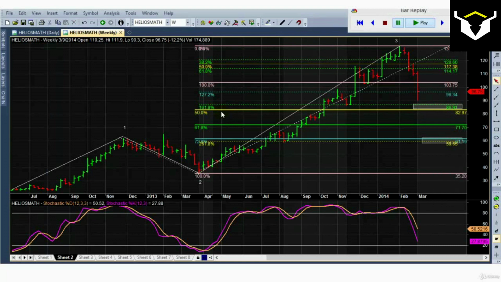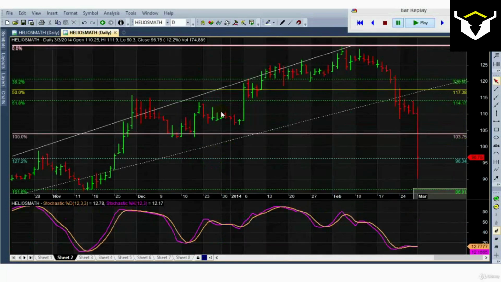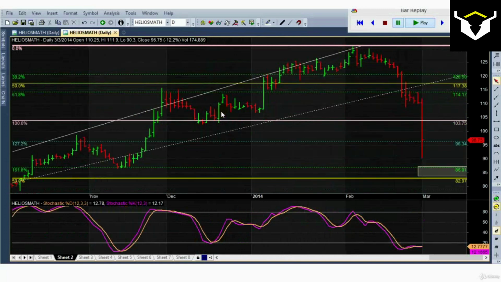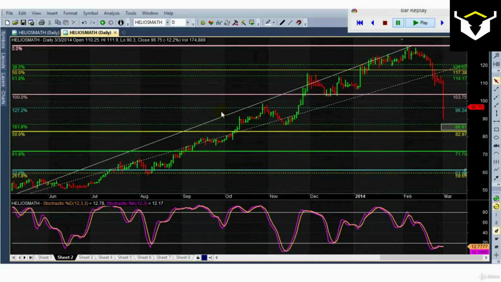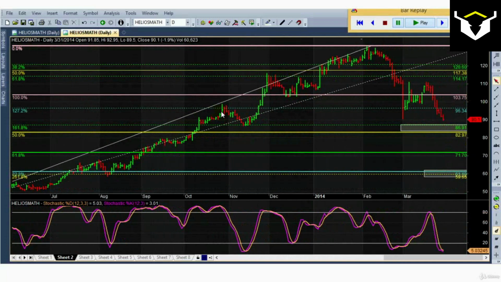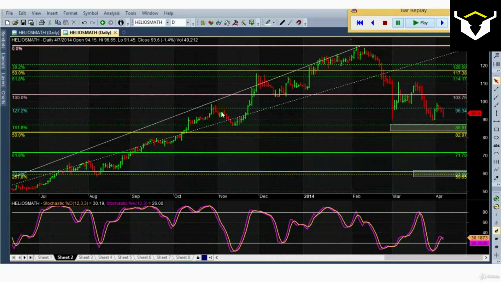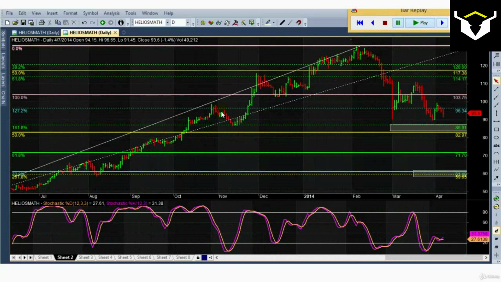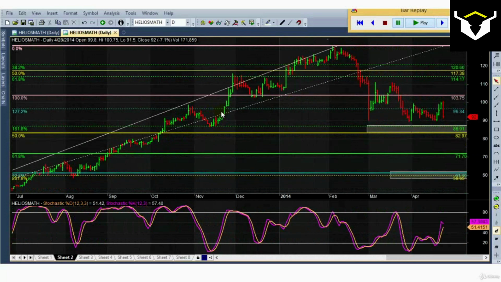Now we will go on to daily chart to see how wave 4 is unfolding itself. You can see there is a very strong sell down. I'll go ahead and add some bars. It looks like prices found a support at 90.